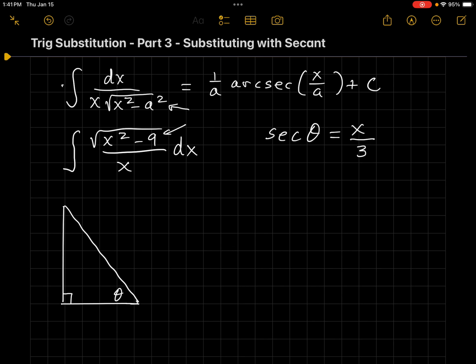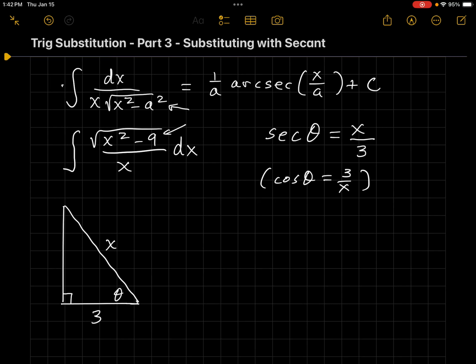So secant is hypotenuse over adjacent. If that bothers you, you can think of cosine equals the reciprocal, and you can fill in your triangle if you like to do it that way.